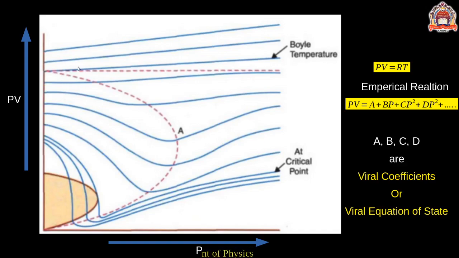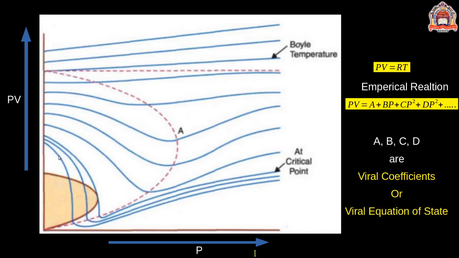As we increase P, PV also increases. But for larger pressure, the second term CP square becomes appreciable and the product PV starts increasing. Above the Boyle temperature, above this dotted line, B is positive. Therefore, the product PV increases with increase in pressure right from the beginning.